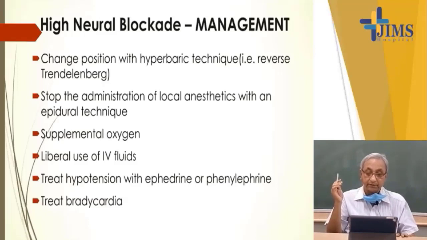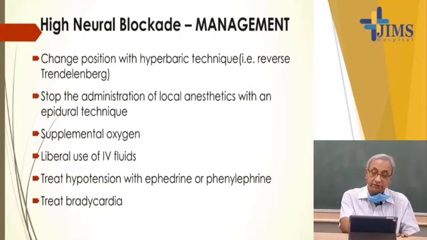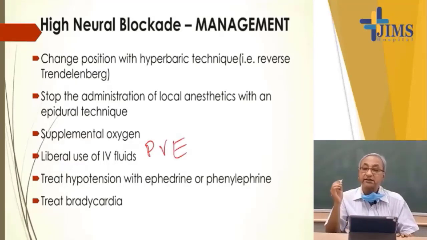Coming back to management, stop the administration of local anesthetic if it is an epidural technique. Supplement oxygen. Use IV fluids liberally. If you use plasma volume expanders, it is better, along with the normal dextrose ringers or dextrose normal saline.